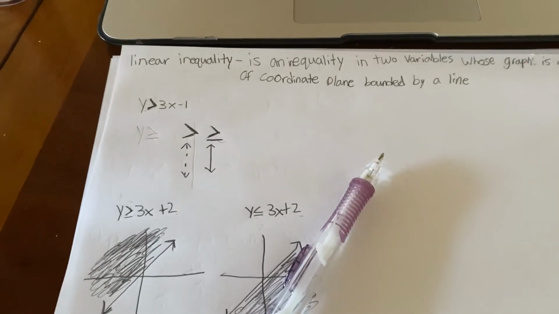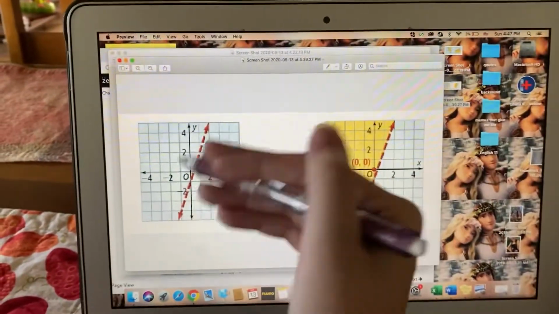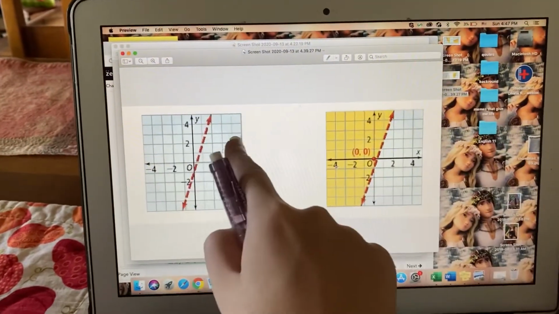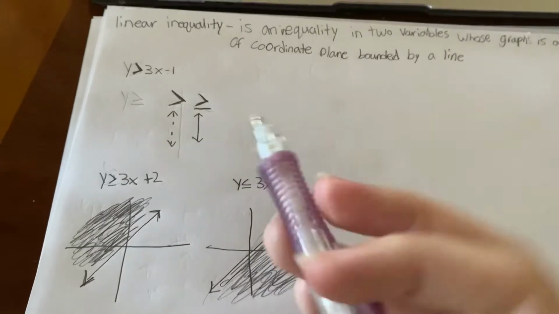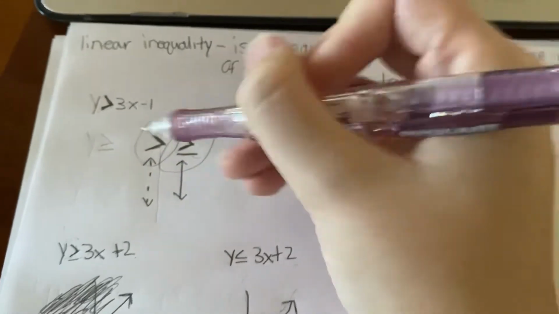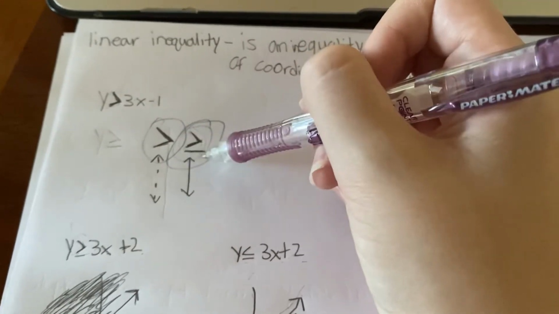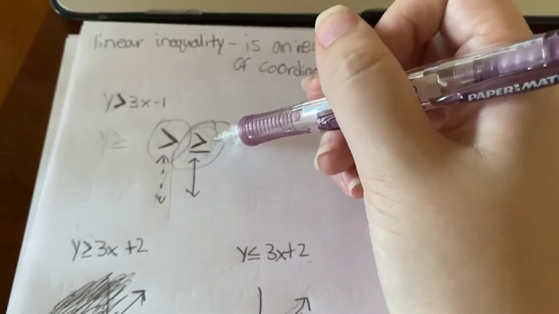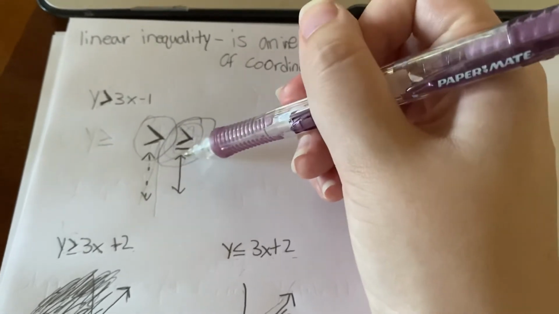So the majority of how to do these types of equations is just straight graphing: know how to graph your points, identify if it needs to be a dotted line or a solid line, and know which side to shade depending on your inequalities. So remember, if it is not equal to, then it's going to be a dotted line. But if it is greater than or equal to or less than or equal to, it's going to be a solid line.